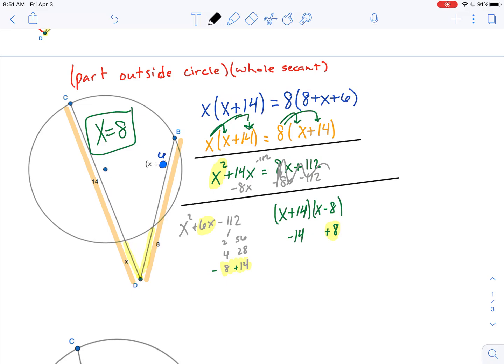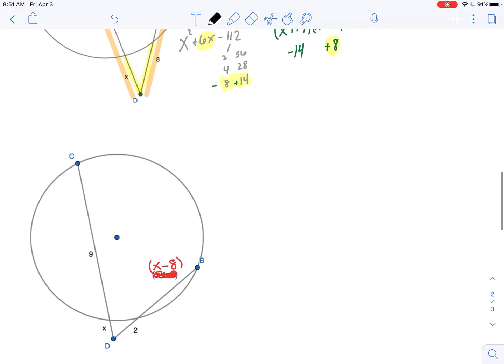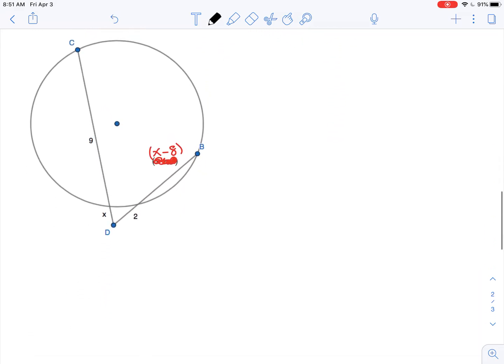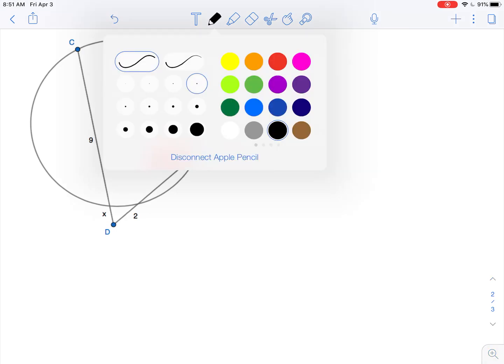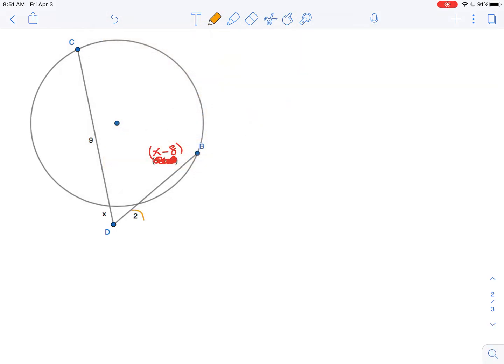So first step, set up your product. Part outside the circle times the whole secant. Set those 2 equal to each other. Part 2 would be to simplify, and part 3, if you need to, is factor.